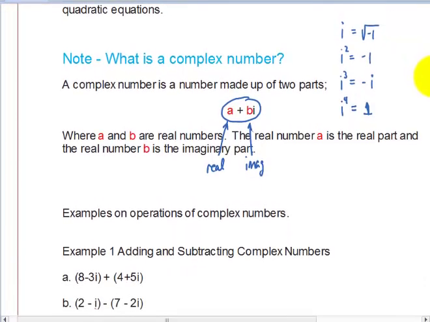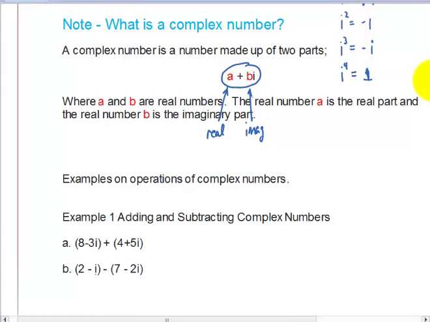What we want to do first is let's talk about the basics of adding and subtracting a complex number to another complex number. So in example A, I have a complex number 8 minus 3i, and I'm going to add it to a complex number 4 plus 5i. Real parts and imaginary parts cannot be mixed through addition, so we have to keep them separate.